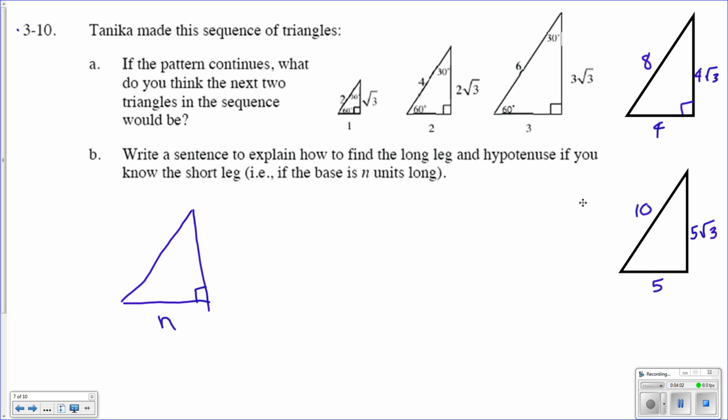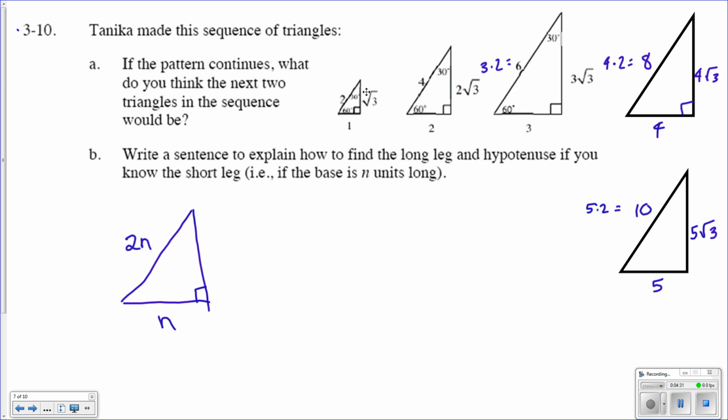So 5 times 2 gives us 10. 4 times 2 gives us 8. 3 times 2 gives us 6, and so on. So if our base is n units long, that means our hypotenuse would end up being 2 times our base, or 2 times n.